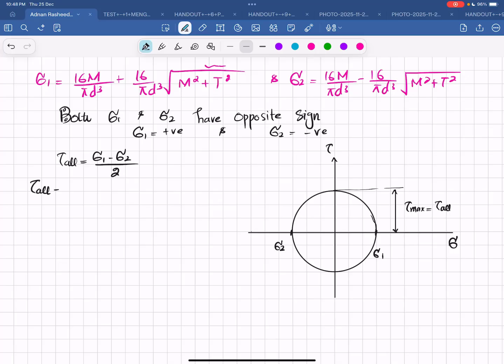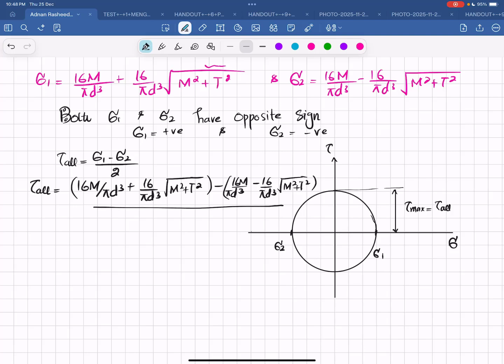So if you put in sigma 1, how much is it? 16m over pi d cube plus 16 over pi d cube into the root of m square plus t square, minus, and this value is 16m over pi d cube minus 16 over pi d cube into the root of m square plus t square, divided by 2.